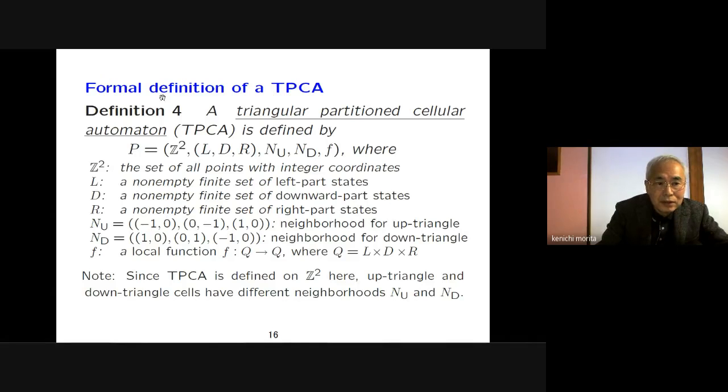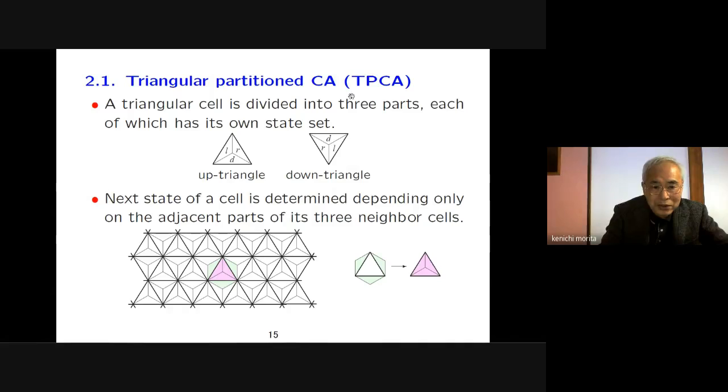This is a formal definition of a TPCA. But intuitively, it is just what I have just explained.